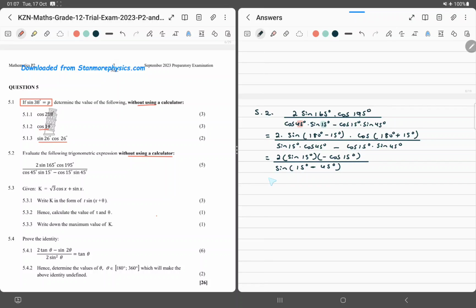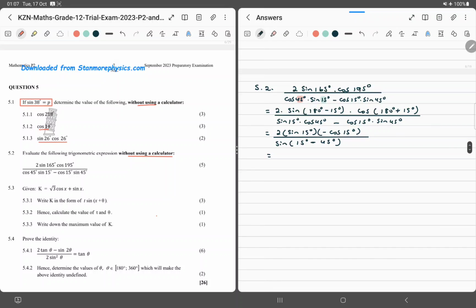I'm just doing my 3-step approach quickly. Now when we multiply out here, we're going to have 2 minus 2 times sine 15 degrees cos 15 degrees all over sine of minus 30 degrees. Nice and easy.